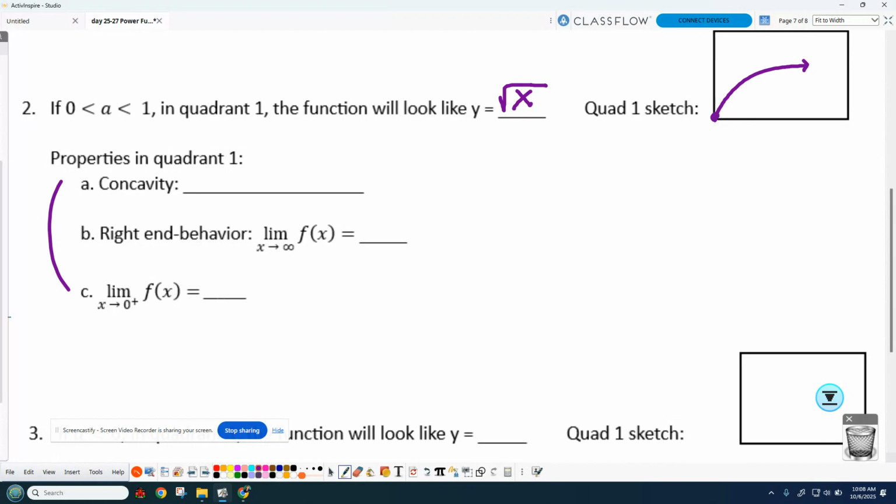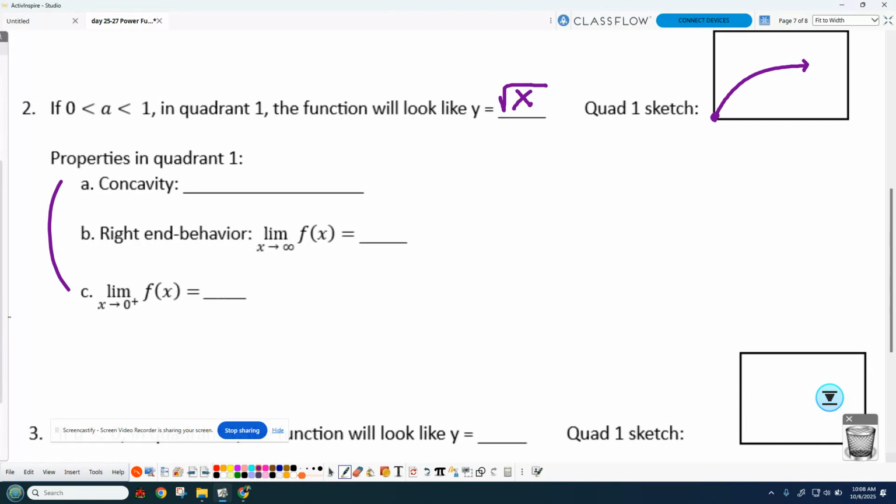If x is less than 0, 0 is greater. I think you're right. No, I'm not sure. So I'll show you.